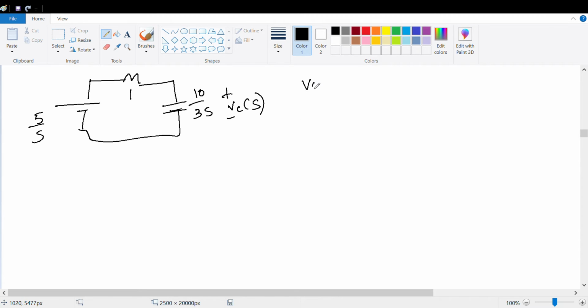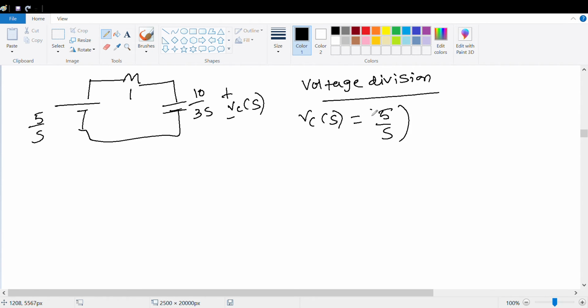So we know voltage division. Vc of S equals the total voltage times its impedance by the total impedance.